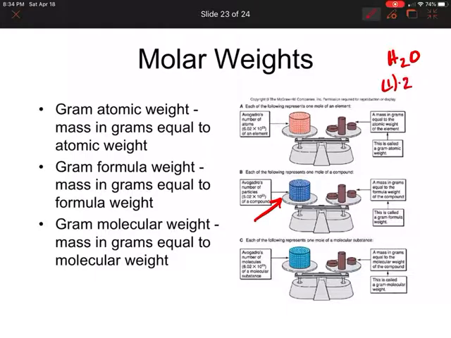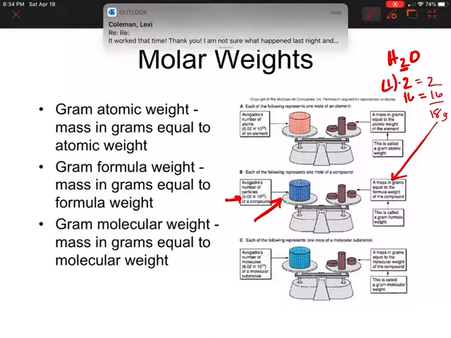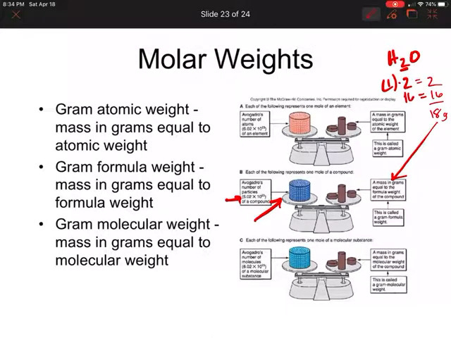We have to multiply that by 2 because of that subscript right there. So that's 2. If you look at the mass for oxygen, it's 16. So 2 plus 16 is 18. So the mass in grams is about 18 grams. If you had 6.02 times 10 to the 23rd water molecules, then you would have 18 grams.